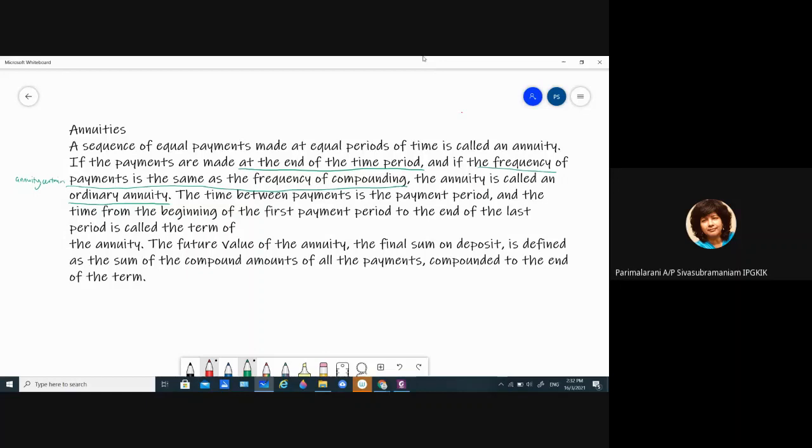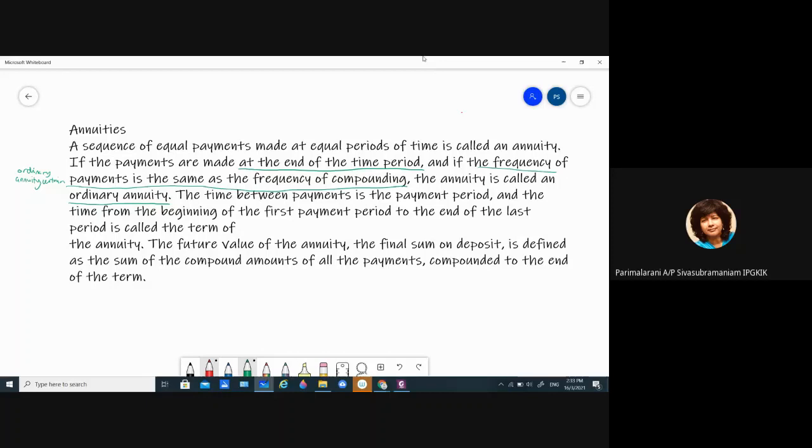If we have both of these together, payments made at the end of the time period and the payment frequency the same as the compounding frequency, then this is known as ordinary annuity certain.